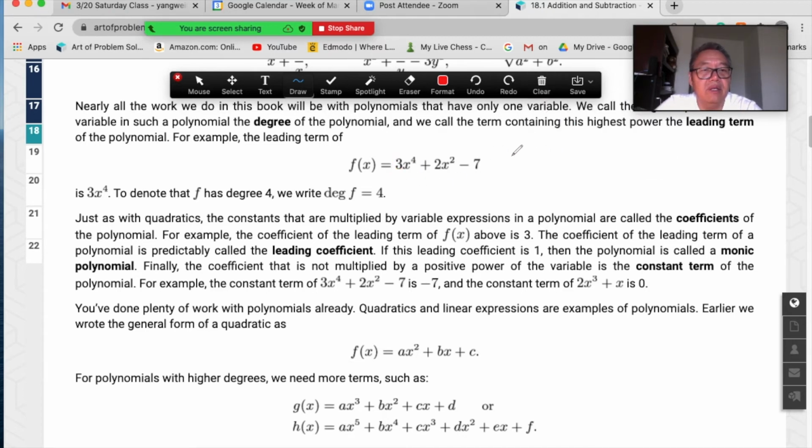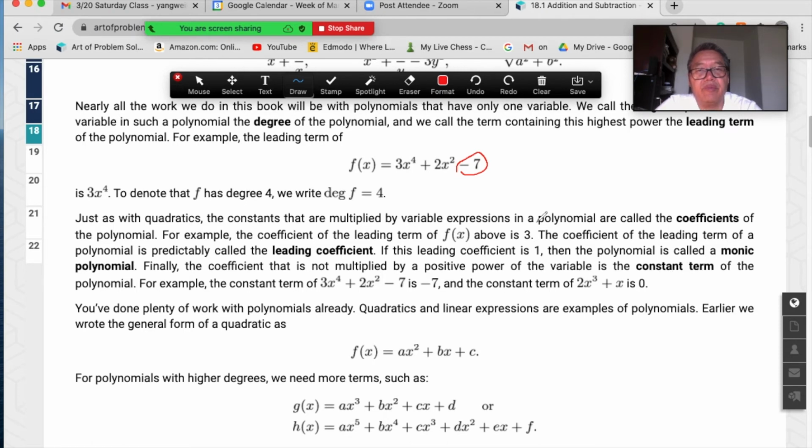Then if the leading coefficient equals 1, the polynomial is called a monic polynomial. The last term, where you don't have a variable, like -7, is called a constant term.